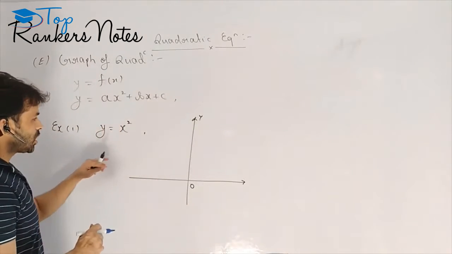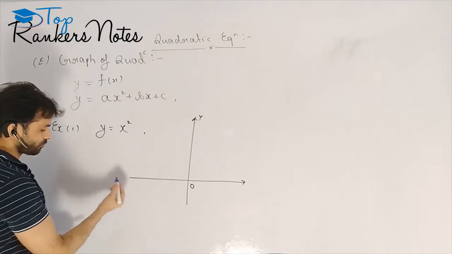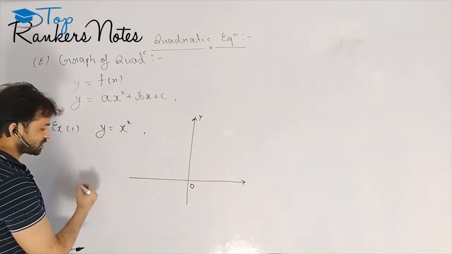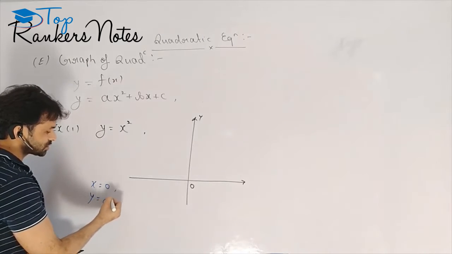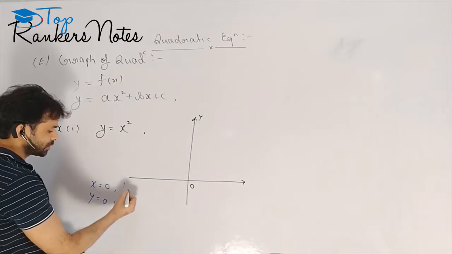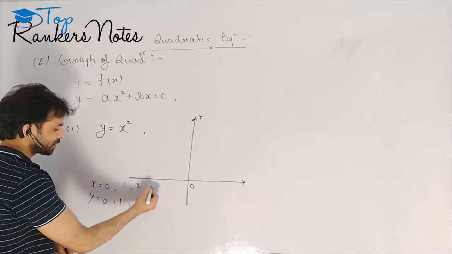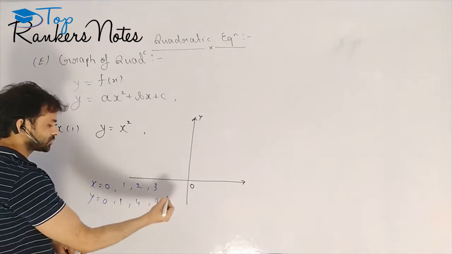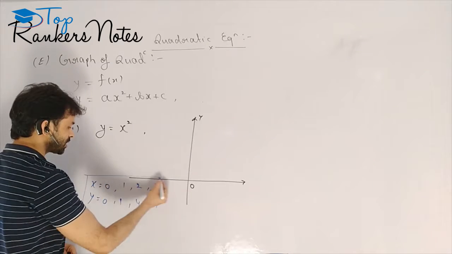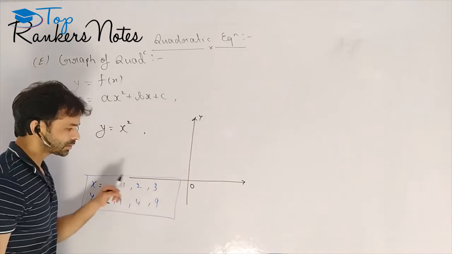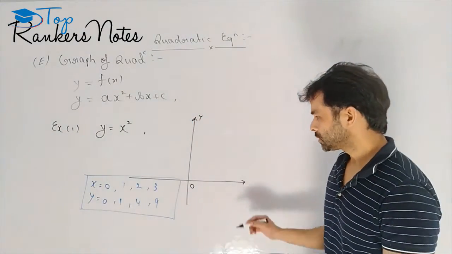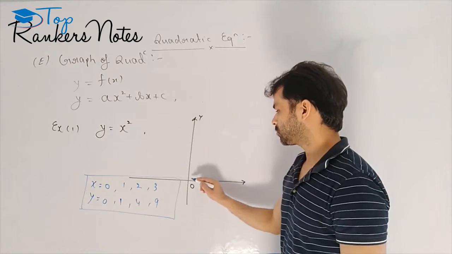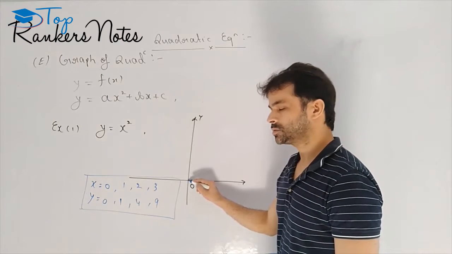So I'm just telling you how to understand. Okay. So for the initial part, I can just make table for you: x0, y0, x1, y1, x2, y4, x3, y9, like this. Okay, just for your understanding, I am writing. No need to write these things. So at x0, y0 means point is this 0, 0.